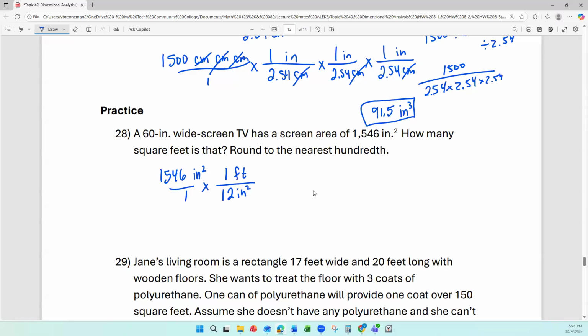So I'm going to square the inch, square the 12, square the 1, square the feet. So my square inches cancel. And I'm going to take 1546 divided by 12 squared, or 1546 divided by 12 and divided by 12 again, or 1546 over 12 times 12.